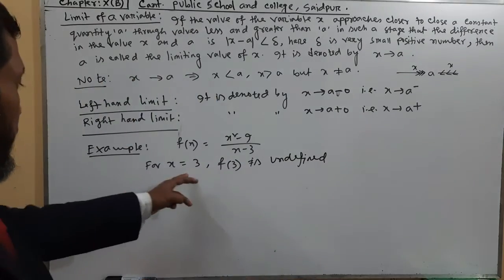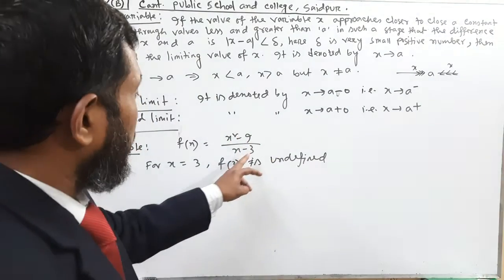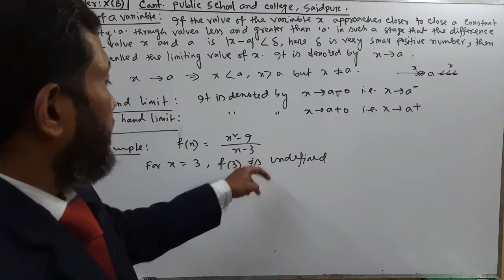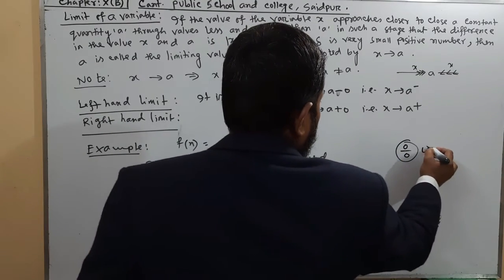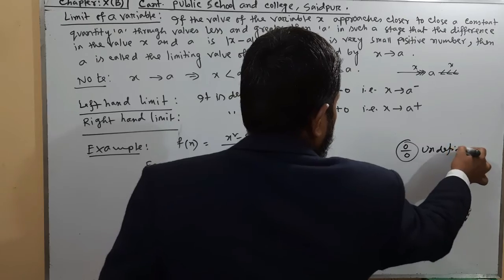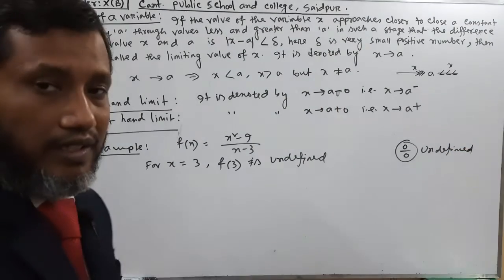If we put x equal to 3, we get 9 minus 9, that is 0, and 3 minus 3, that is 0. 0 by 0 is undefined. So the value at x equal to 3 does not exist.